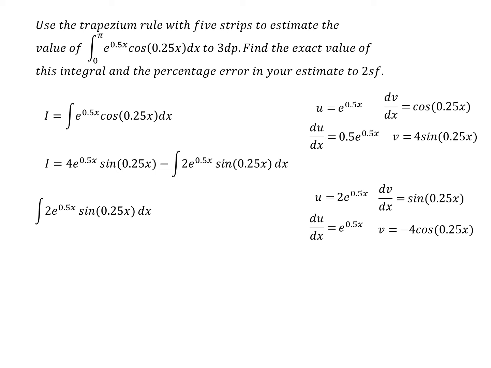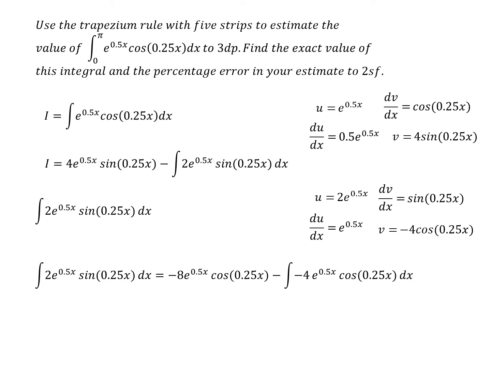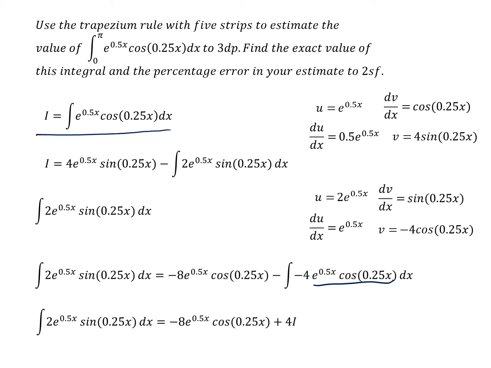So putting those things into the integration by parts formula, I get this expression for the integral of 2e to the 0.5x sine 0.25x. I'm just going to tidy that up, and also I'm going to notice that the integral of e to the 0.5x cos 0.25x is the same as the integral I started with.